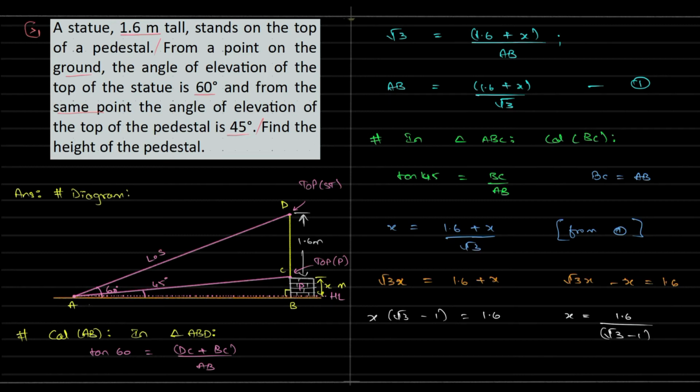Right? Now, we can't just leave it. We need to rationalize it. So for rationalizing, we have 1.6 divided by root of 3 minus 1, into root of 3 plus 1 divided by root of 3 plus 1. So let's use a plus b, a minus b into a plus b.